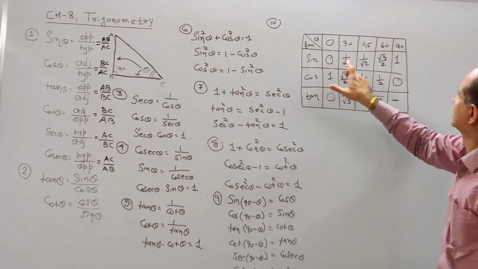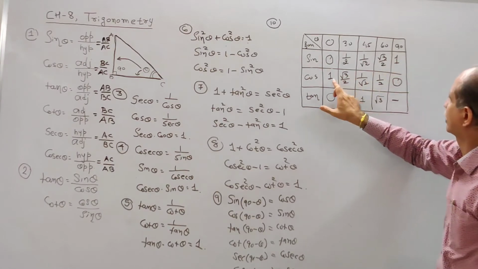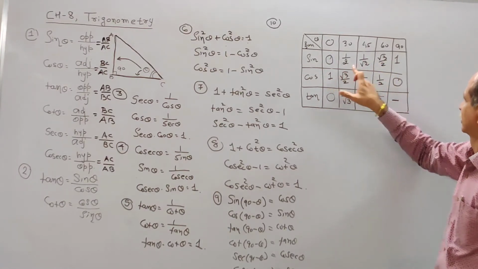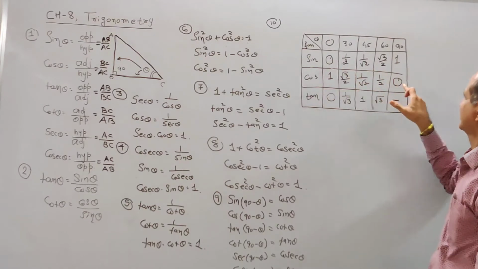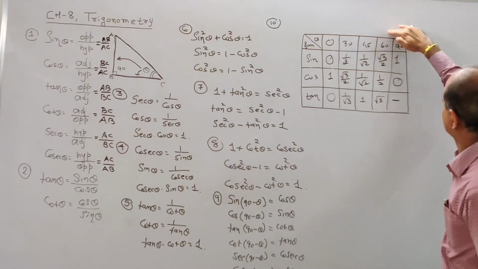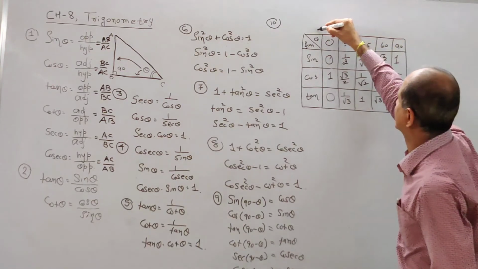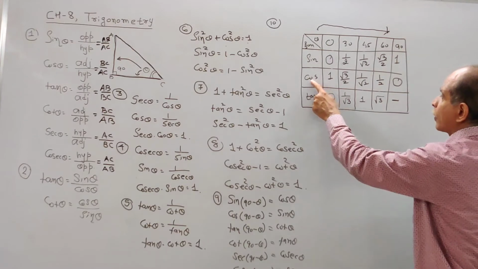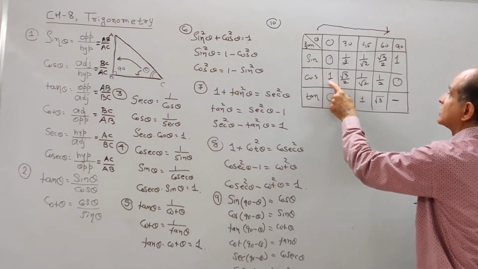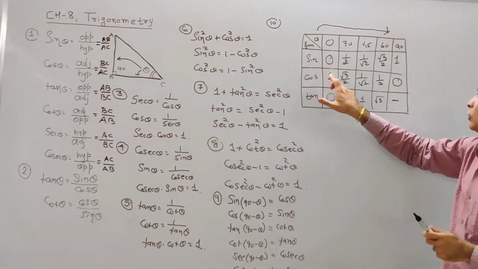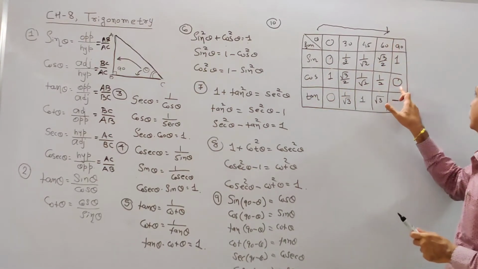You can write this in reverse order. Here you have to write 1, then root 3 by 2, then 1 upon root 2, then 1 by 2, and then 0. So as theta increases from 0 to 90, the value of cos theta decreases from 1 to 0, because cos 0 is equal to 1 and cos 90 is equal to 0.